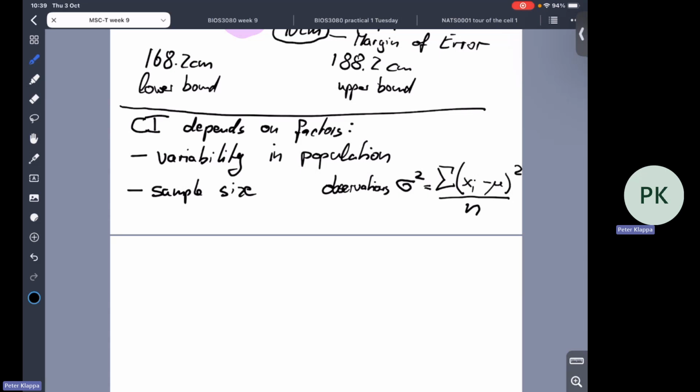Because we know that our population variability must be equal or larger than the observation variability. How can we make this observation, the sigma squared, a little bit larger? How can I make some numbers slightly larger?